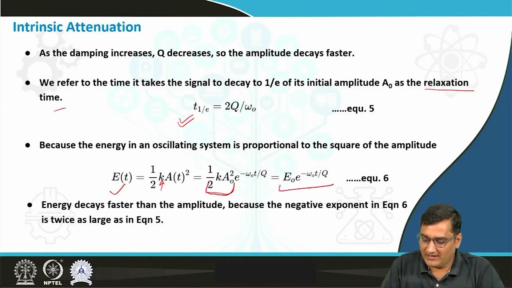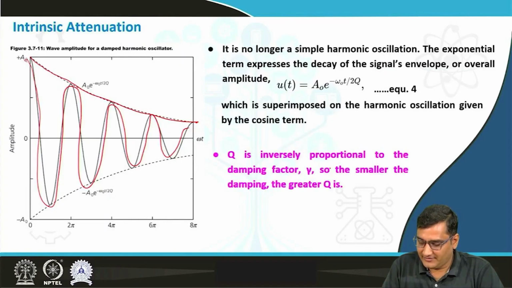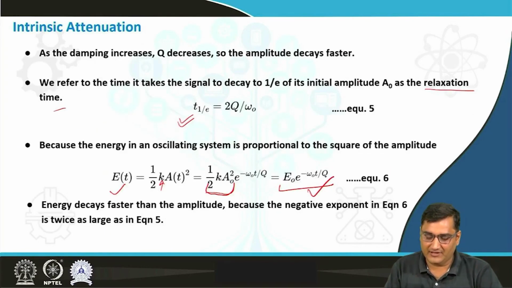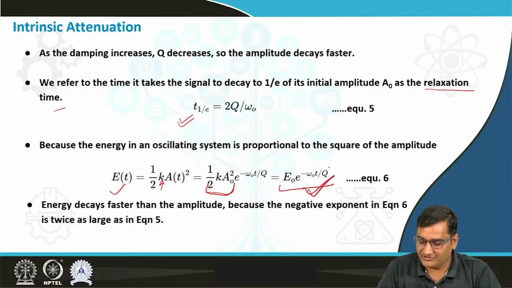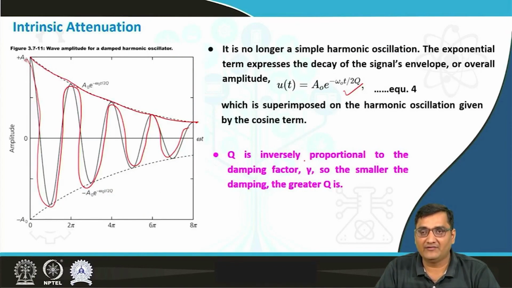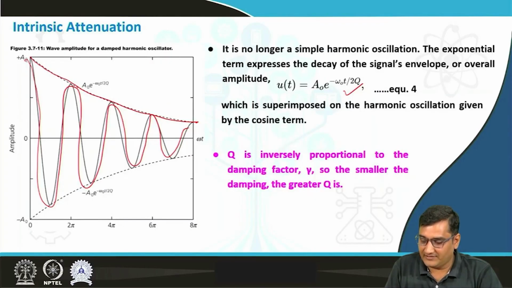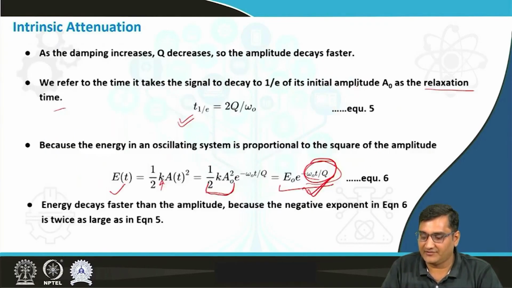So if you look at this term and also this term, and compare, you will see the energy decays faster than the amplitude because of the negative exponent in this equation, which is twice as large as in equation 5 or equation 4. So this is basically as large as twice this particular expression here.